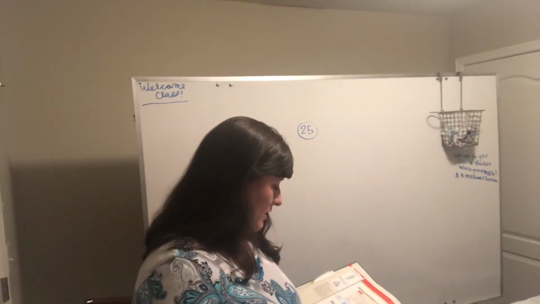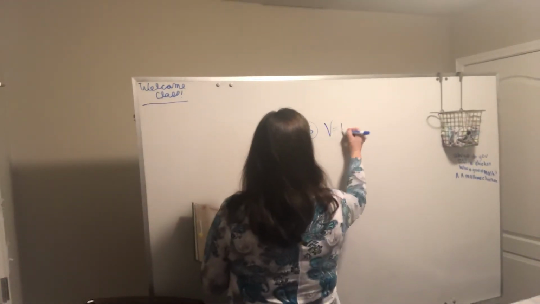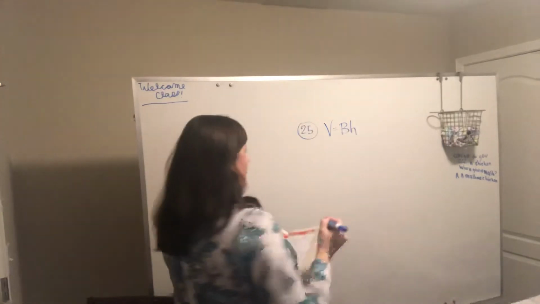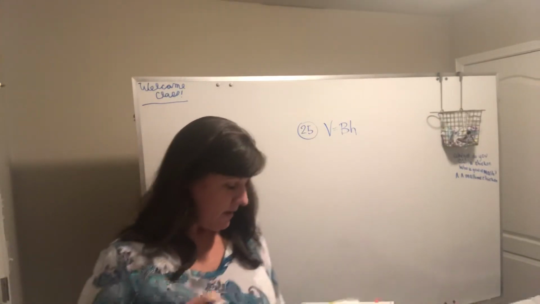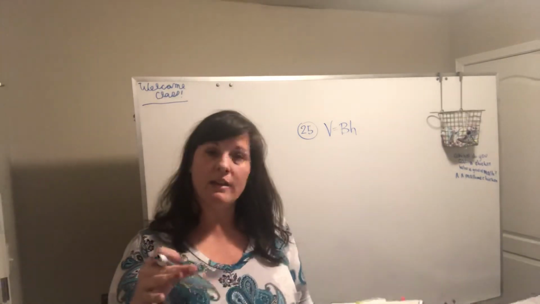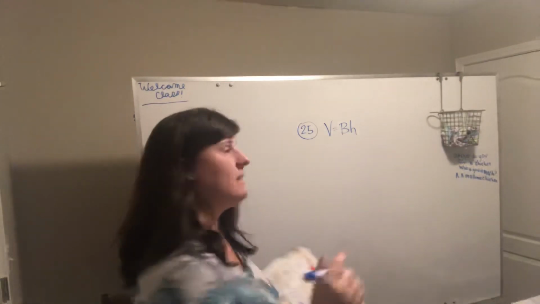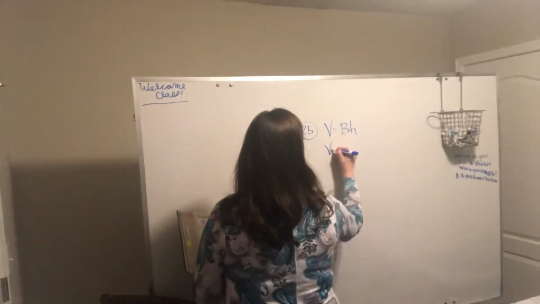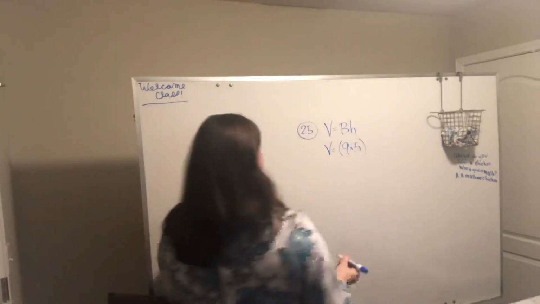We're looking at 25, a rectangular prism there. It gives you the dimensions. The formula we're using for the volume is the area of the base times the height. In that picture, it has those long rectangles, so the base there is 9 and 5. To find the area of that rectangle, I'm going to go 9 times 5.